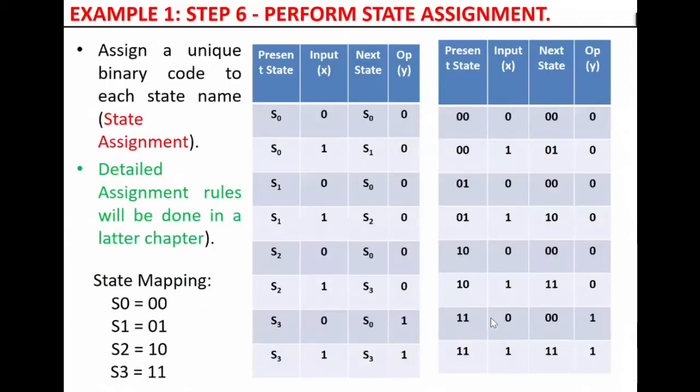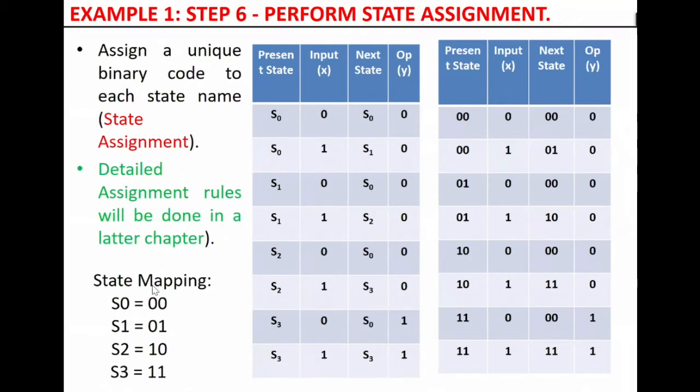You have determined that. Now, remember, we are moving with this. I've just separated them. Present state, input, next state, output. That is what we came with from there. Now, you do what we call a state assignment. You assign binary codes to your states. Remember, you are using 2 flip-flops. That is state mapping.